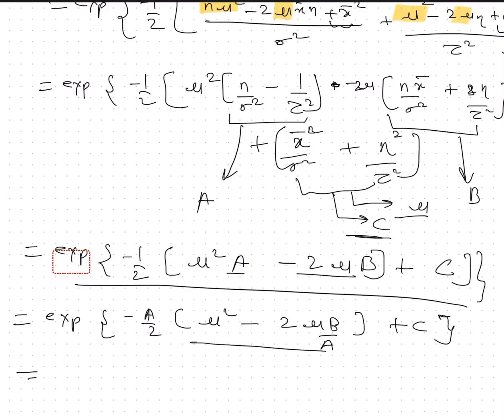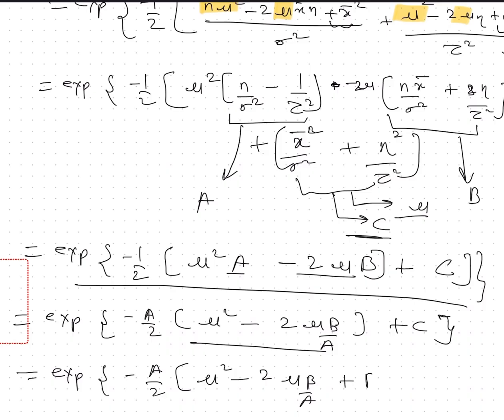Now I can write this as a quadratic form, that is minus a upon 2 times mu square minus twice mu b upon a. So I can simply add b upon a, bracket square, and adding this, I will also subtract b square upon a square, plus c.